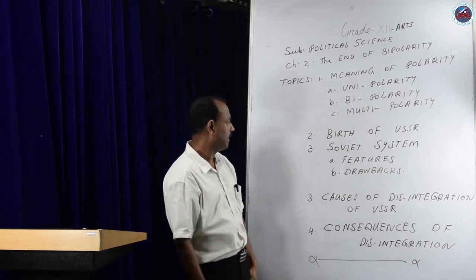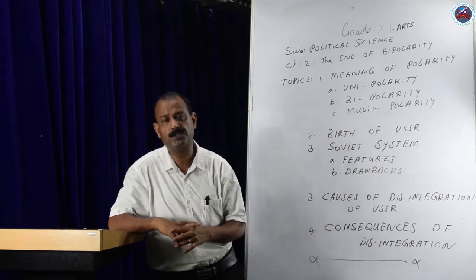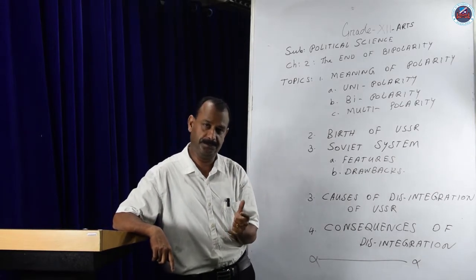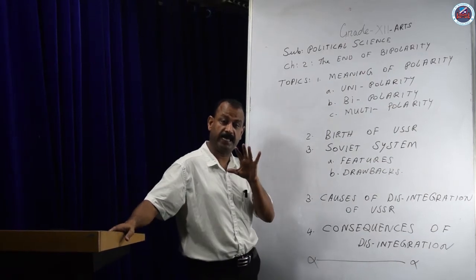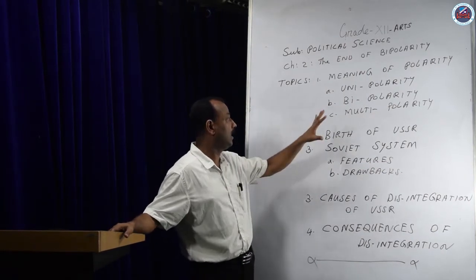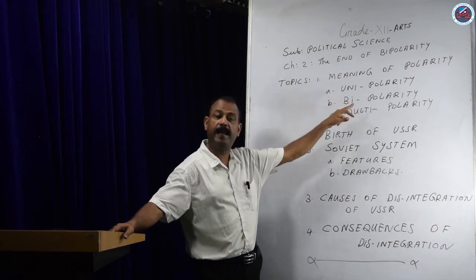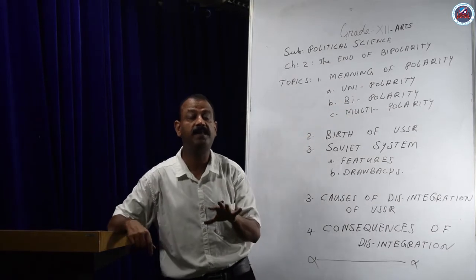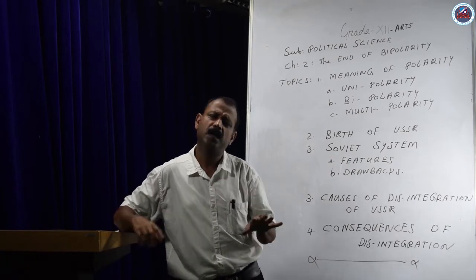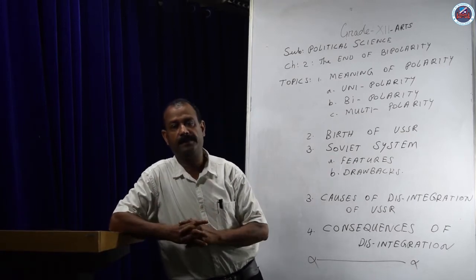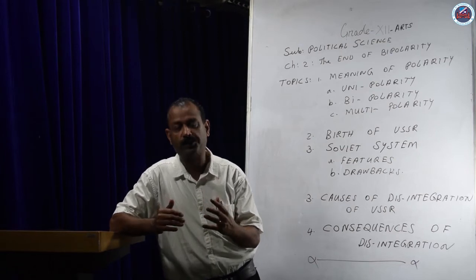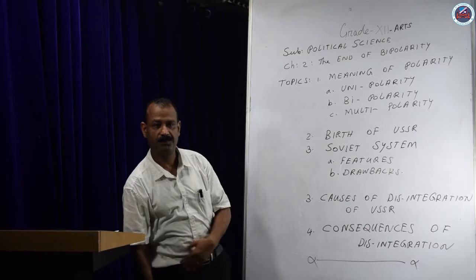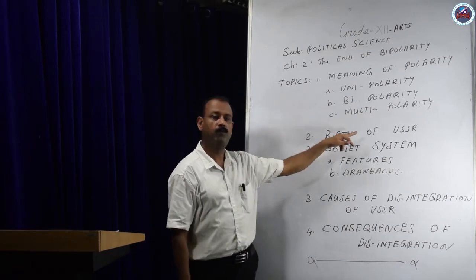I'm sure you understood the three terms: bipolarity, unipolarity and multipolarity. Before we understand how the USSR got disintegrated, first let us learn how the USSR was formed. In other words, the birth of the USSR.